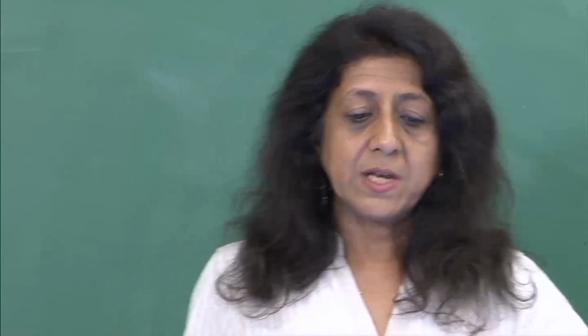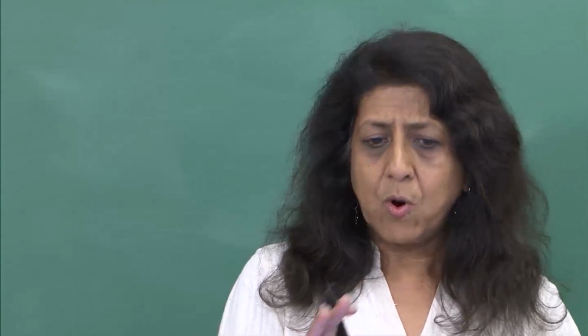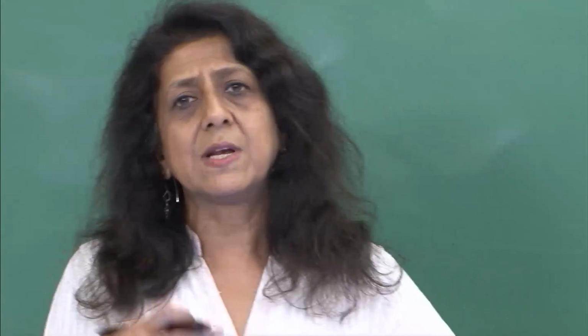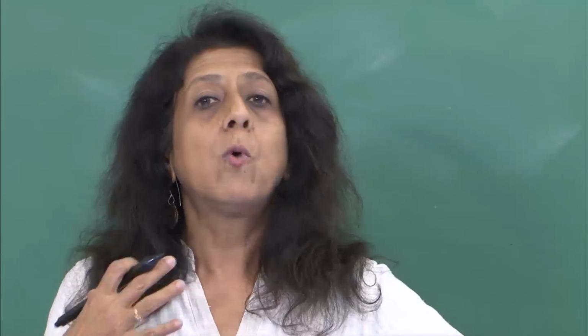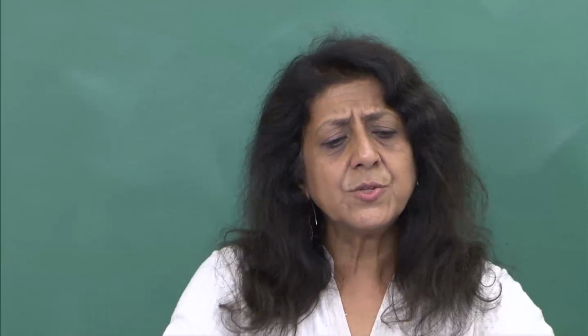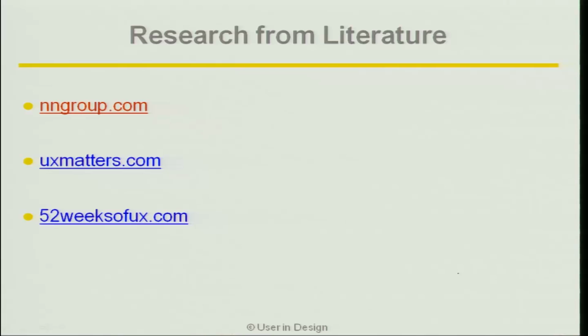So it might be a good idea for you at that point to also look at what are the different things available. Let's say you're working on something related to e-commerce, or you're working on something related to banking. So what exists as far as banking users' behavior? What exists as far as e-commerce users' behavior? So these are a couple of sites that I have shared with you.